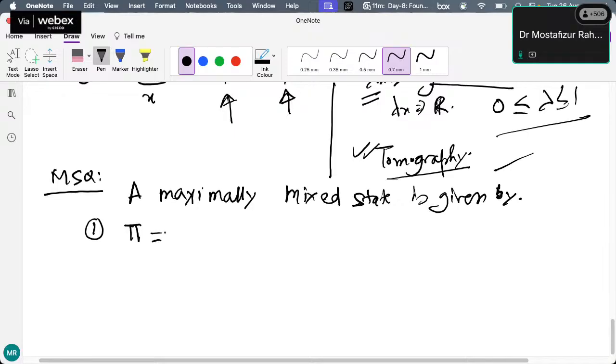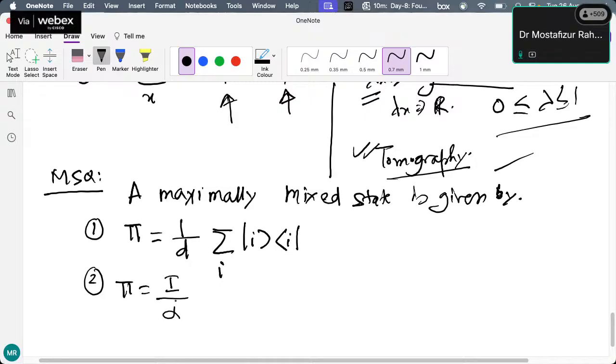Just apply the uniform probability distribution and you will get the answer. The first one is 1/d times the summation over i of |i><i|. Second is identity matrix divided by d. Third option is the identity matrix. Fourth option is all of these.